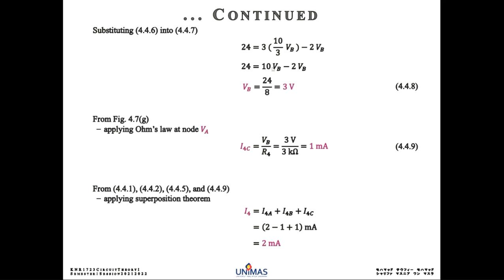That is 10 VB minus 2 VB; 10 minus 2 is 8. So 24 divided by 8 will give you 3 volts for the VB.